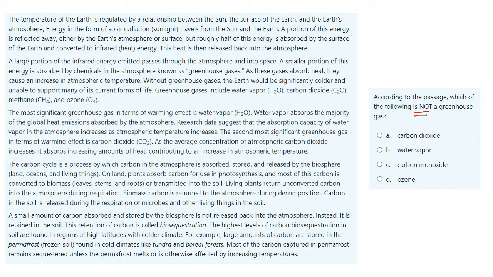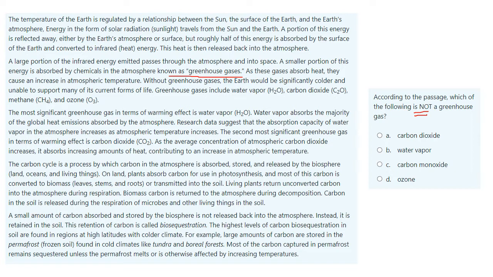A large portion of that energy is emitted through the atmosphere into space, but a smaller portion is absorbed by the chemicals in the atmosphere, which are known as greenhouse gases.